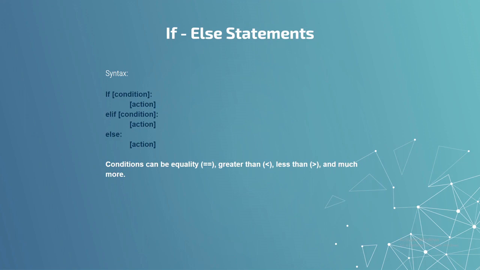So it can be equality, but you have to make sure to use a double equal sign, because only then will you get a Boolean value out. It can be greater than, less than, and much more. Again, as I mentioned at the beginning of this lecture, the internet will be your friend here, because you can find specific conditions that suit your requirements, whether it be not equal to, or equal to in a certain instance.